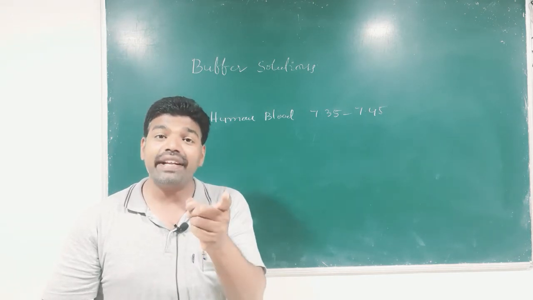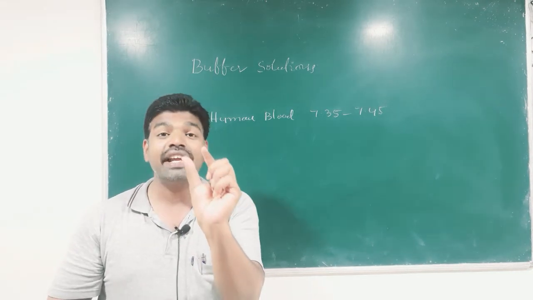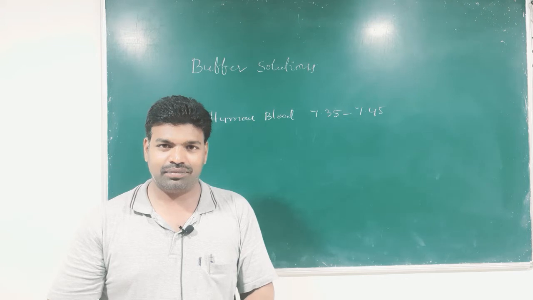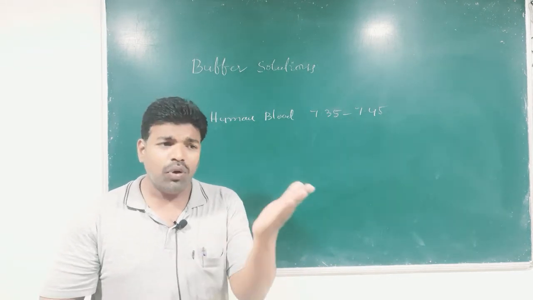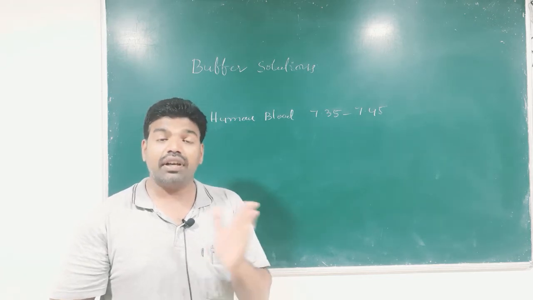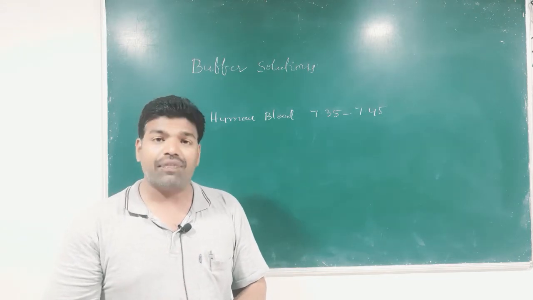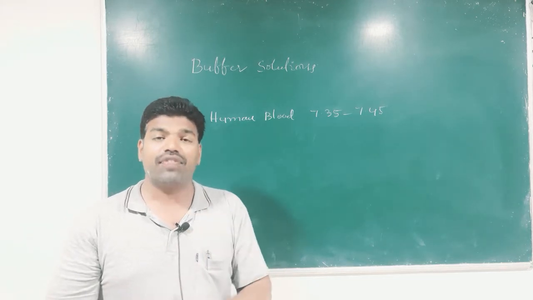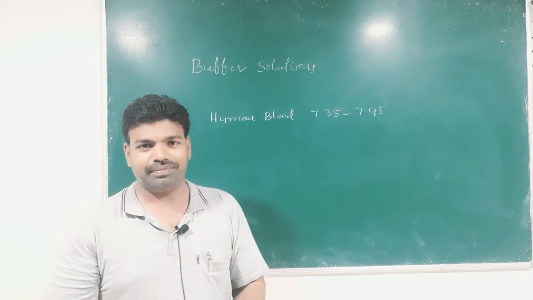So, for maintaining the pH in a specific range, we need a buffer. For example, in most syrups and medicines we use buffers. Commonly used buffers are citrate buffer and acetate buffer.